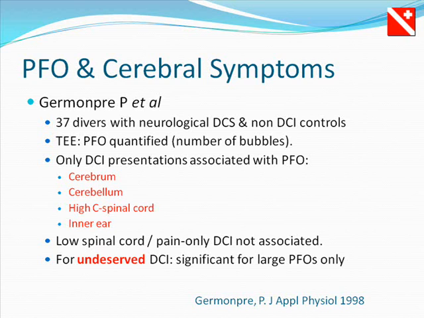So you don't have to consider a PFO with all forms of decompression illness, but only when you truly see paradoxical embolism related to the brain and the upper central nervous system structures. The low spinal cord lesions, the sort of girdle pain, paralysis, those were not associated with a PFO. And of course, if it's an undeserved case of serious decompression illness, our suspicions are raised even more.